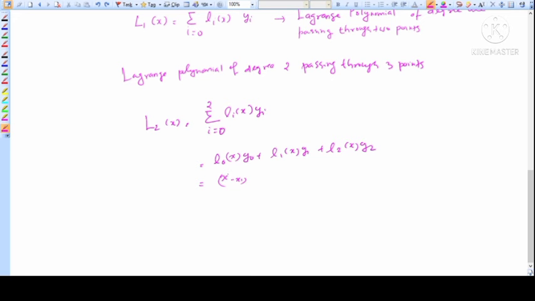Please note that there will not be any x0 terms in the numerator for L0. So L0 of x is x minus x1 into x minus x2, divided by, in the denominator, x0 minus x1 into x0 minus x2, plus L1 of x into y1.